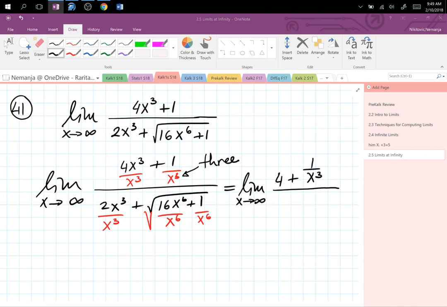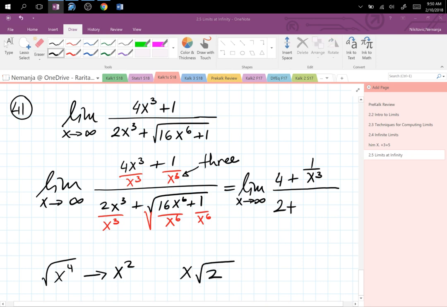Yes? You're leaving it as x to the 6 because the square root of that is x to the 3rd. That's why. When you have a square root of x to the 4th, you get x squared. If you have x in front of the square root and you want to go under, it better be 2x squared, because when x squared goes outside, it becomes x.